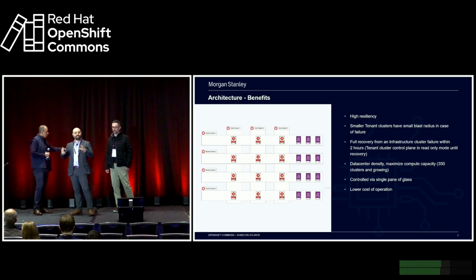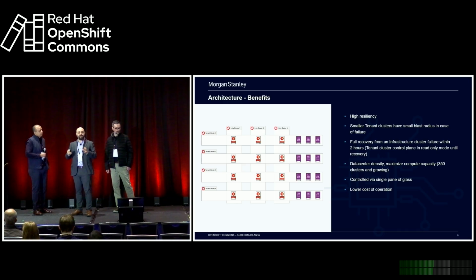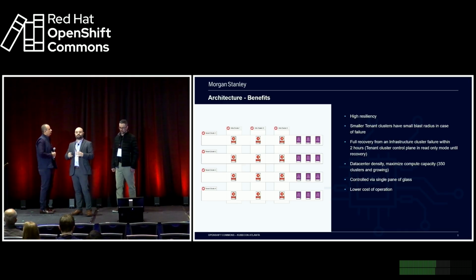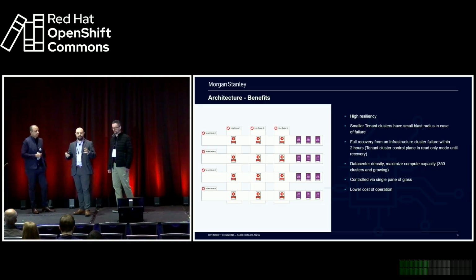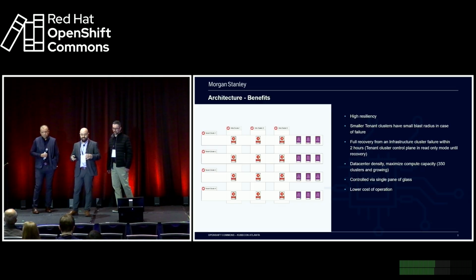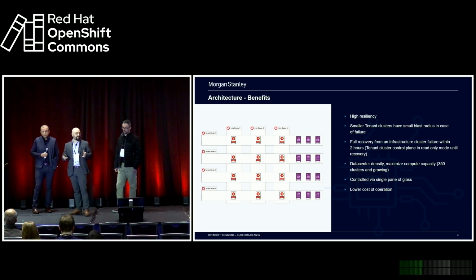We have automation that can rebuild this infrastructure cluster and restore the control nodes within a couple of hours. This is exercised regularly since rebuilds are how we do our upgrades. This efficient model allows for smaller tenant clusters that are more manageable and have a smaller blast radius in case of failure. And before anybody asks, yes, this is a supported solution, even though it's not documented.